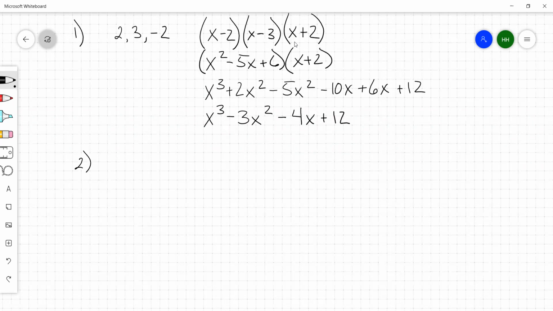And then number 2, same thing, but it's got 4 factors. So your factors would be x minus 2, x plus 1, x minus 1, and another x plus 1.